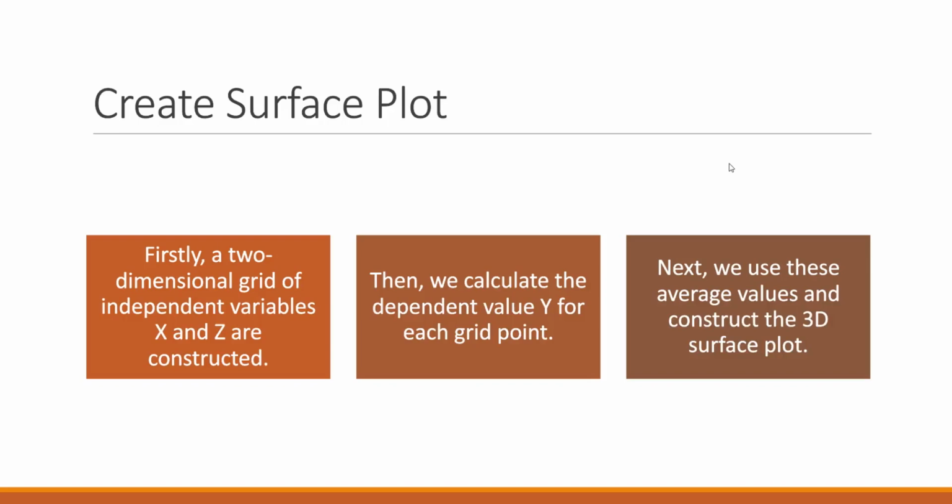The next step is we have to calculate the dependent value y for each grid point and this y value is defined as a weighted average of all data values near the grid point. And the last step is we use these average values and construct the 3D surface plot. So now we will see an example where we learn to create this 3D surface plot in Matplotlib.